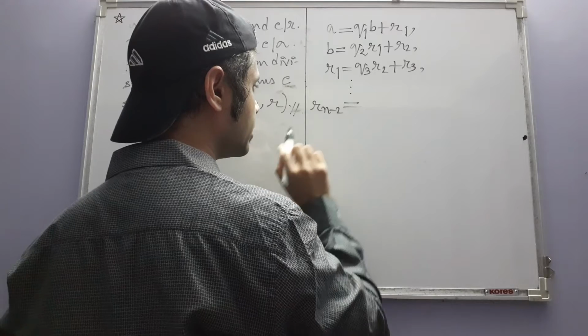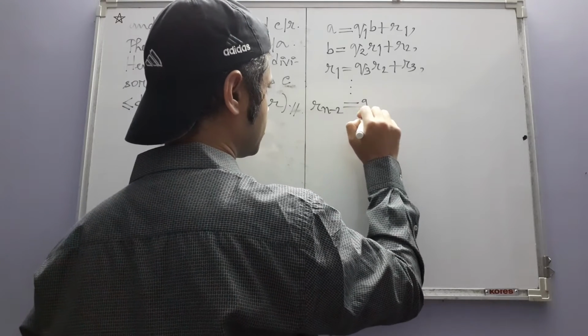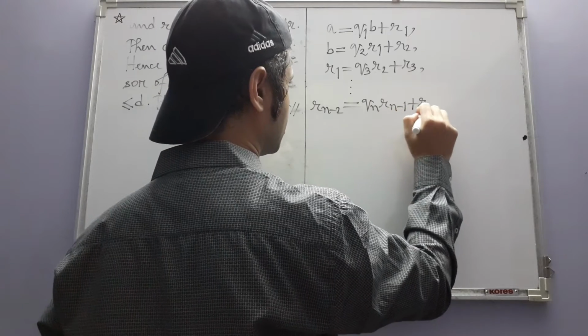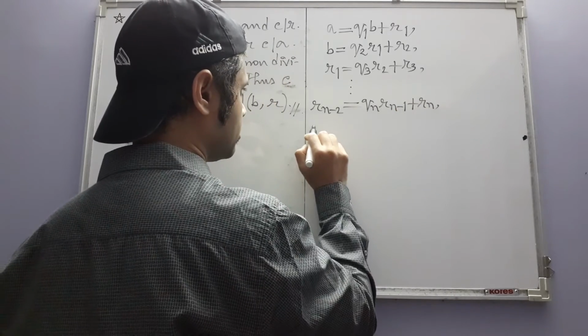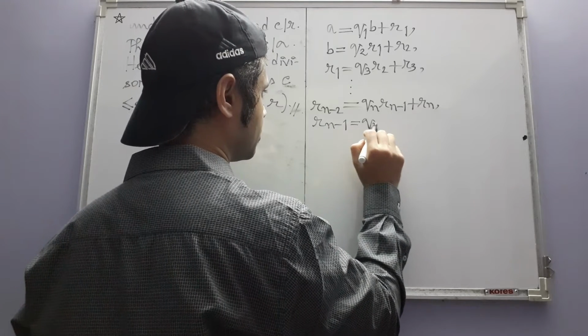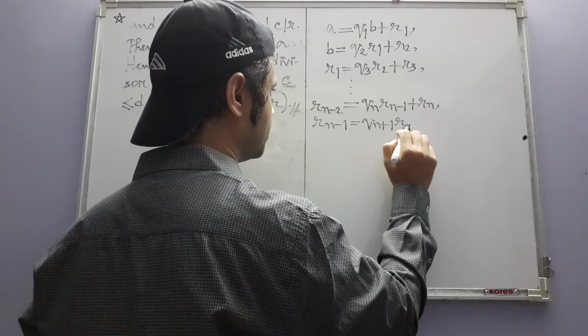At the nth stage we have got Qn Rn minus 1 plus Rn, and at the n plus 1 stage we have got complete divisibility.